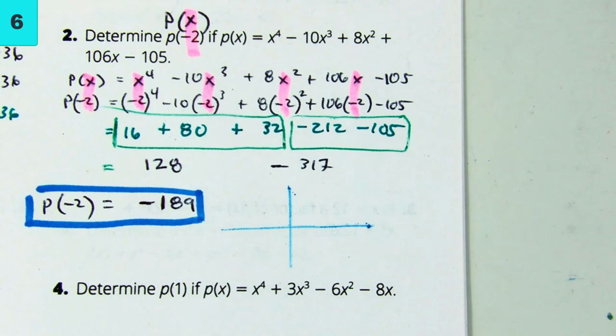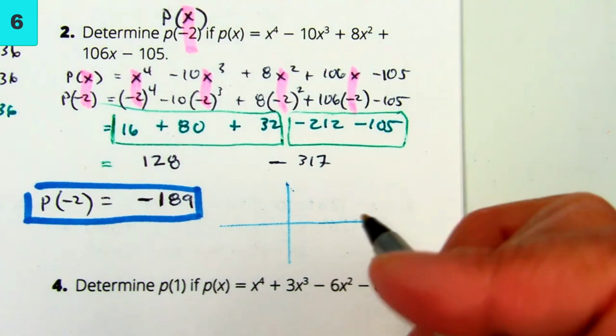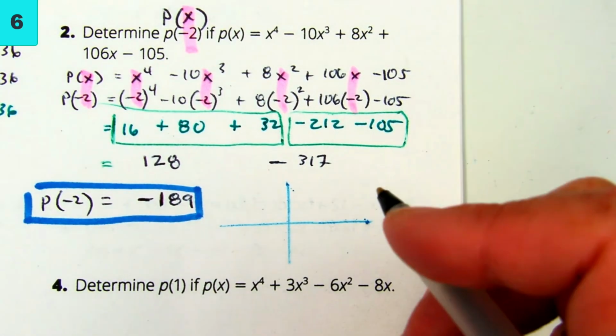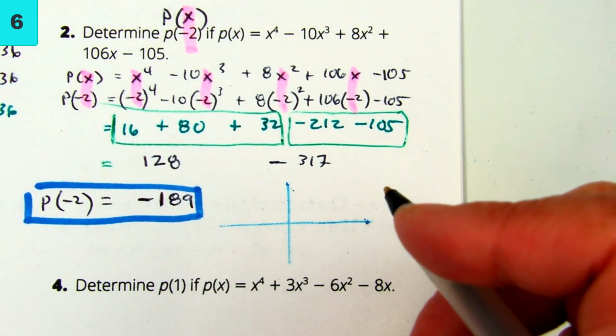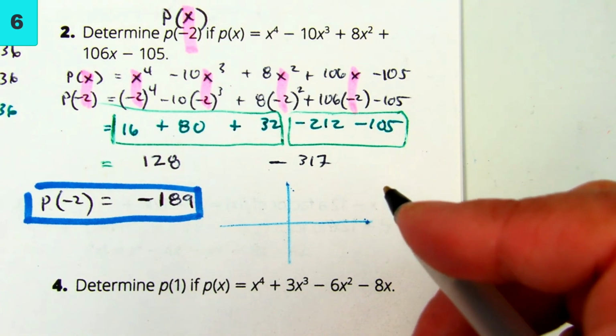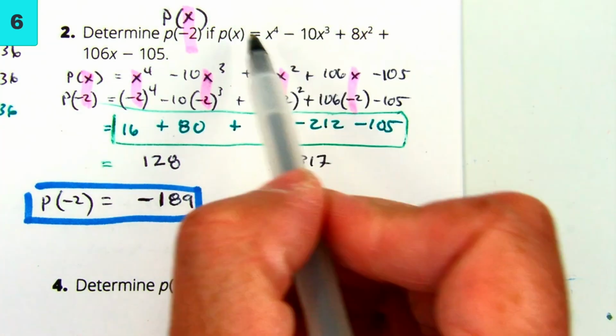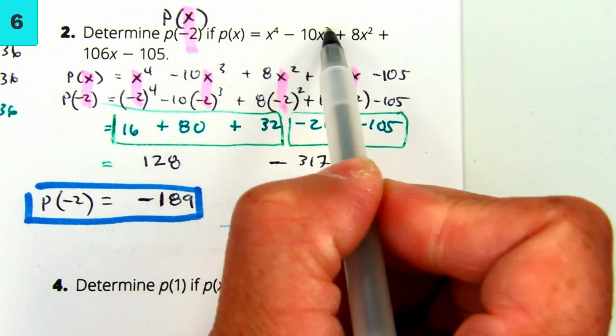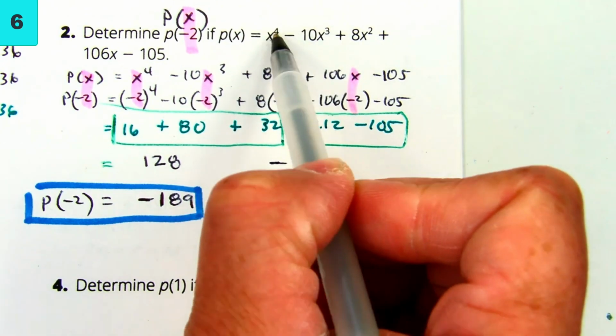Chris, what's one thing you know about the graph? Where are the arrows? How did you know that? Yeah. The highest exponent or degree of 4, that's an even. So starts up, ends up.